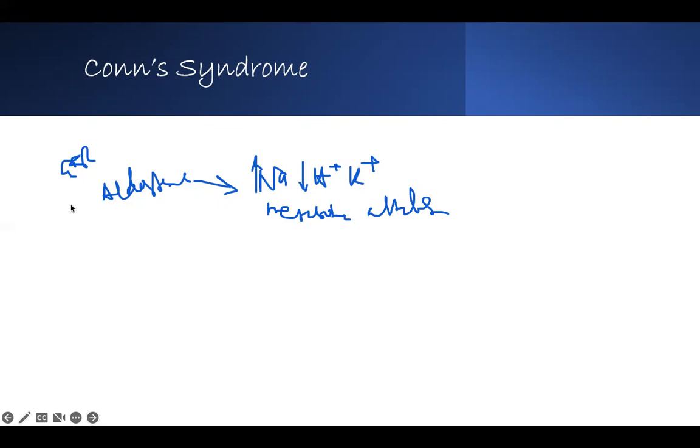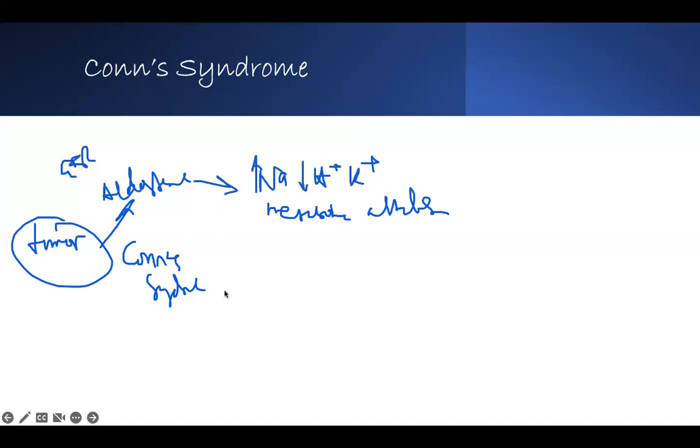Sometimes it happens that they have a tumor in the adrenal gland that all it does is make aldosterone. That's what we call Conn's. If you see it, Conn's syndrome is basically a tumor in the adrenal gland making what? Aldosterone. And I don't have to bother you too much with aldosterone. You know what it does.